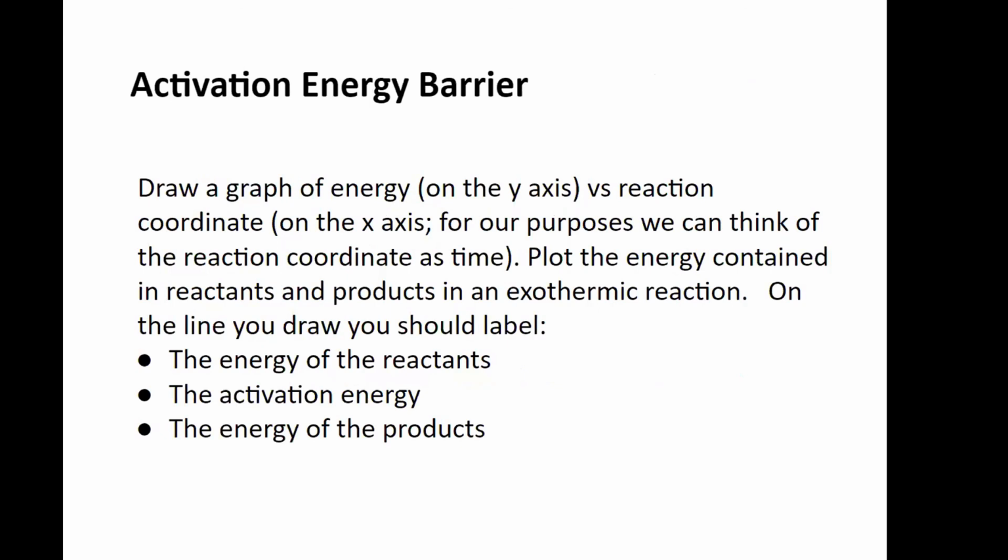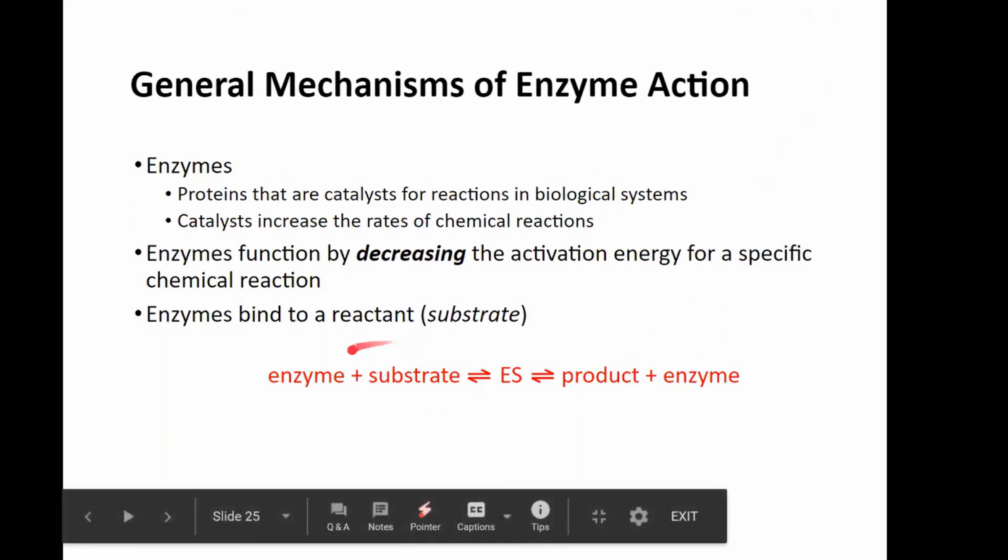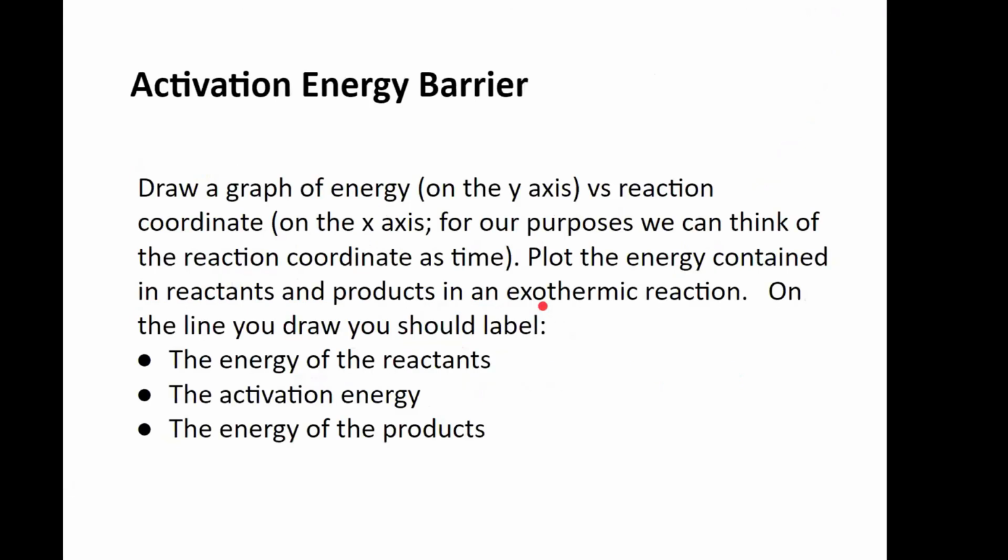I want us to draw energy on the y-axis versus our reaction coordinate on the x-axis, which we can just think of as time. If I flip back for a second, we're going to think about this equation moving to the right here, even though we know it could also move to the left. And we want to plot the energy that's contained in each of our components, so in the reactants and in the products.